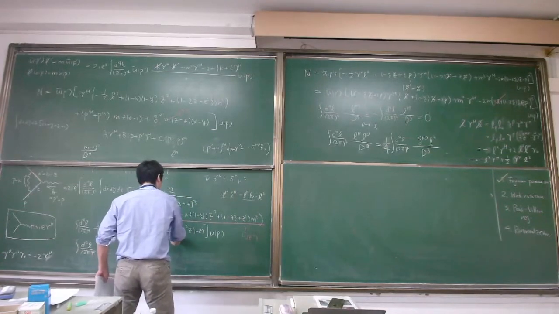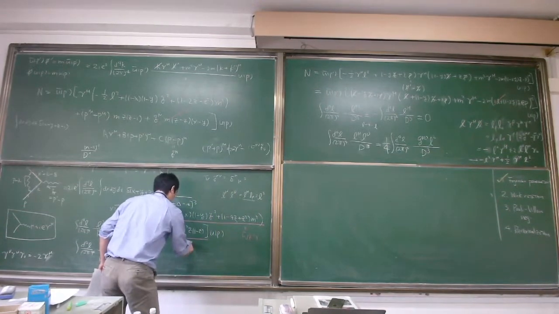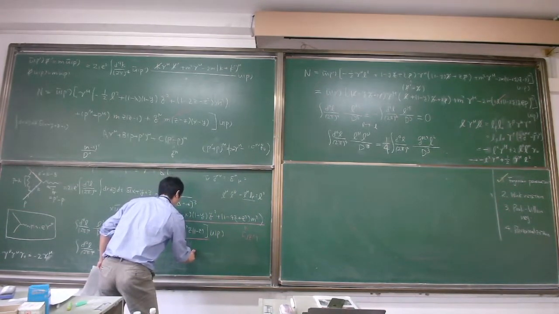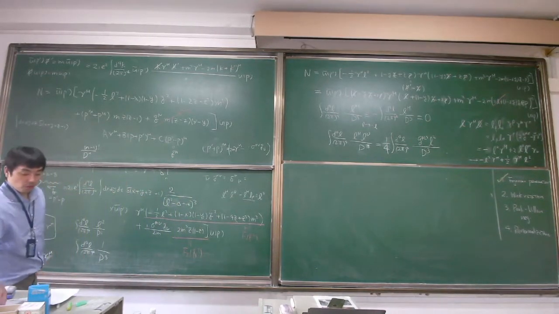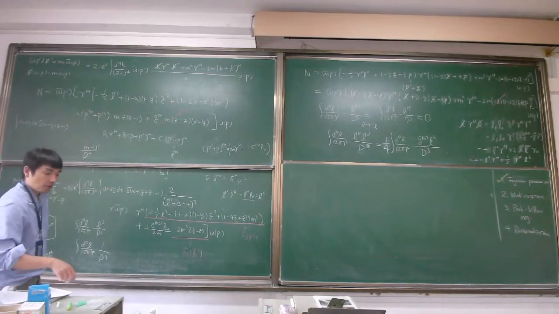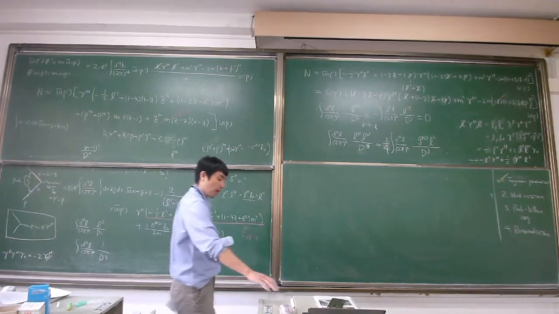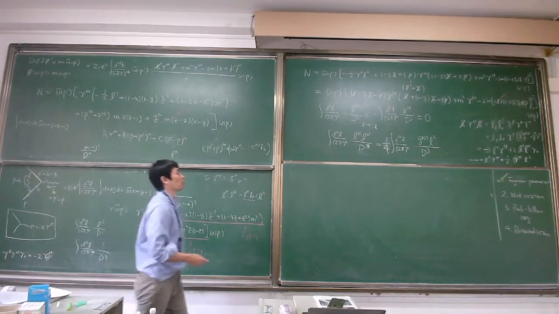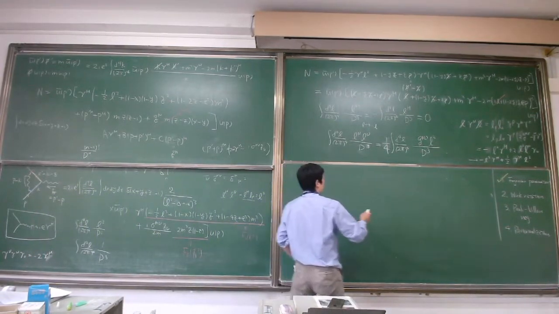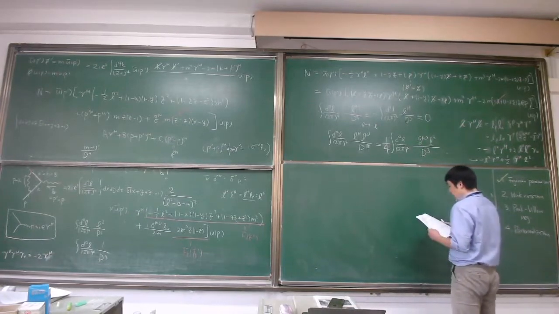And this one will give you F2. To evaluate F1 and F2, we want to perform this L integral. To do that, we will introduce the so-called Wick rotation, number 2.